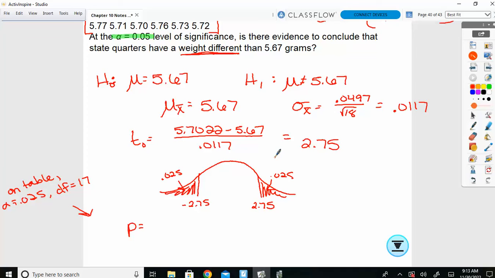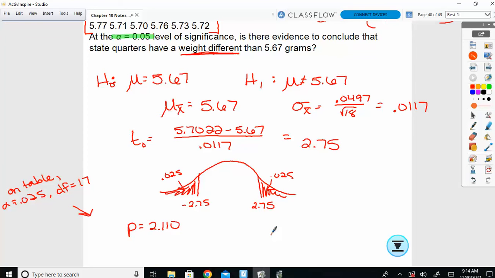So that critical value is 2.110. How does that tell me if I would reject or not?